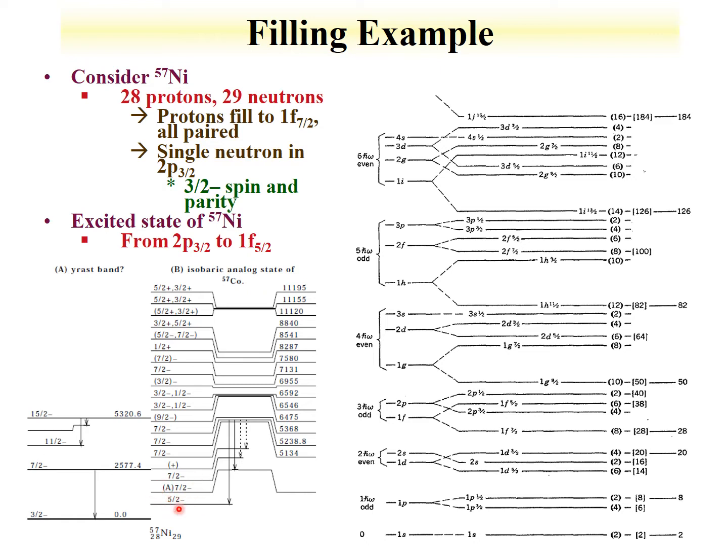So f being negative, 5/2 state. So this also seems to correlate with nickel-57, 28 protons, by the way, magic number. So nickel-57 is fundamentally one off from being a doubly magic nucleus.